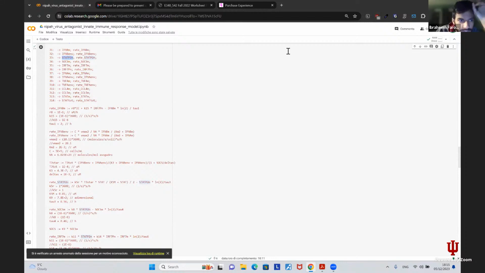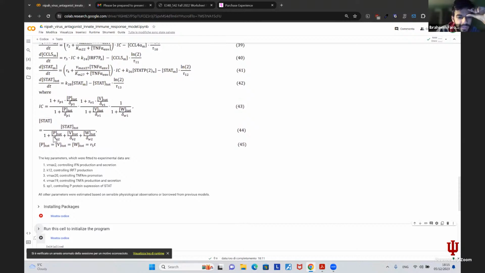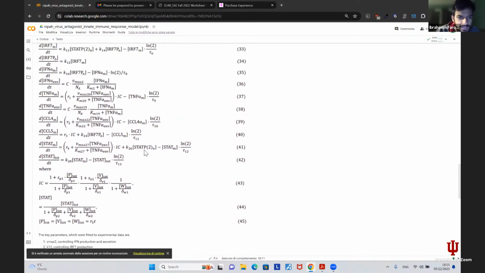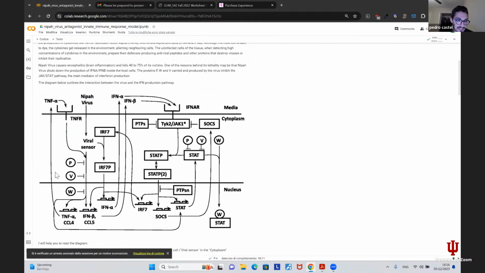Two questions, Pedro, quickly. In the equations, the P, V and W, I think they are, right? They modify both the STAT pathway and they modify the IC. Can you remind me what the IC is? In the diagram, I see it is happening over here. IC is either inhibiting or activating the production of the cytokines directly.